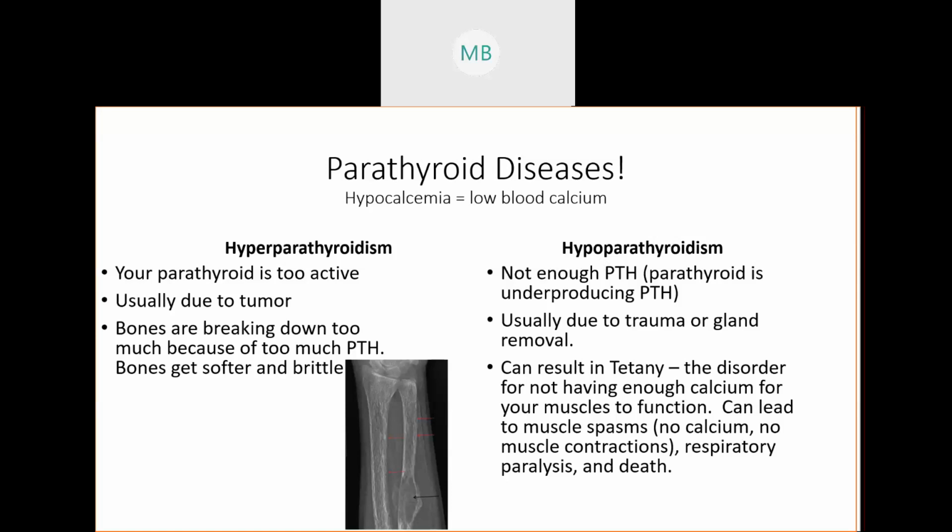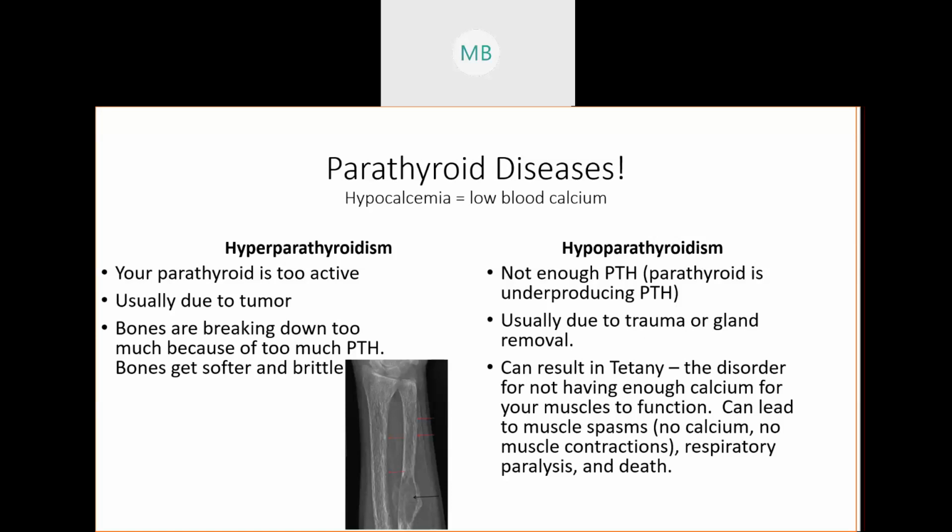Generally speaking, this is caused by trauma. So if you've been in a bad car accident and your parathyroid glands were hit, or if along with this tumor they had to remove some or all of your parathyroid gland, generally that's what causes hypoparathyroidism.